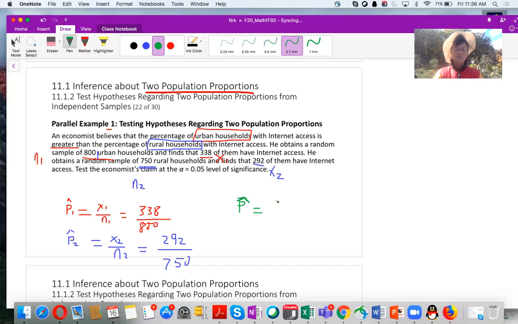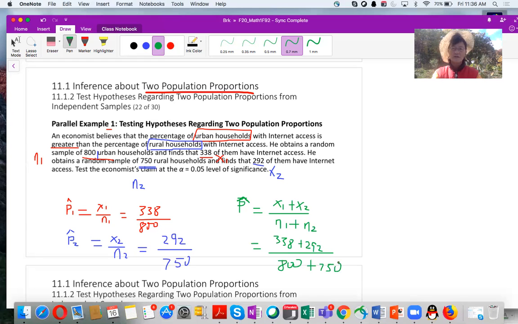Pooled means x1 plus x2 over n1 plus n2, so 338 plus 292 over 800 plus 750. Those numbers are either given or calculated from the given numbers.